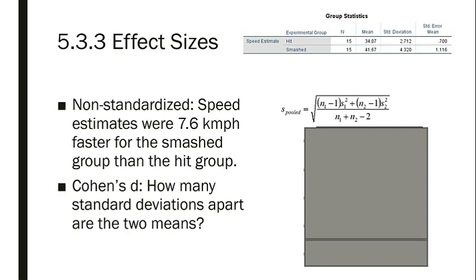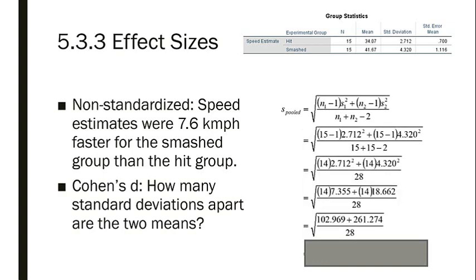So I encourage you, I've written this out in multiple steps. If you like, pause the video if you want to work this out for yourself. Basically, the numerator is degrees of freedom times the sample variance for sample 1 plus the degrees of freedom times the sample variance for sample 2.